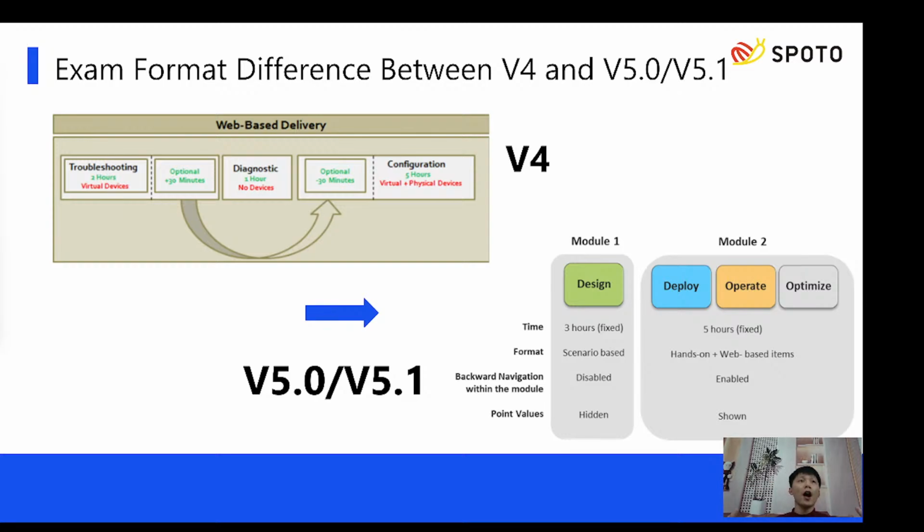If you have taken the SP exam before, for example version 4 or an older one, you should know there were 3 sections: troubleshooting, diagnostic, and the configuration part. But since version 5, it was changed. It consists of 2 modules: design, and deploy, operate, and optimize. We call it DO for short.